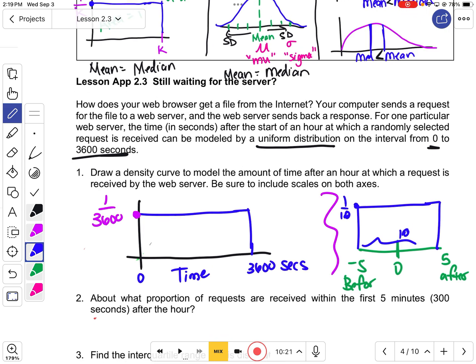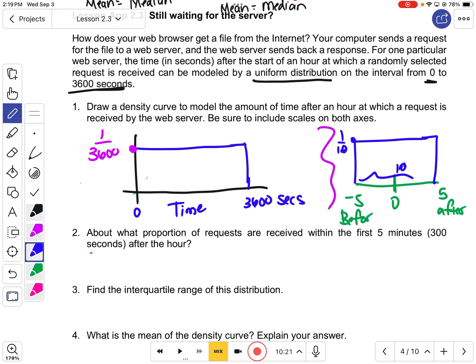Now, this is interesting. It says about what proportion of requests are received within the first 5 minutes, or in other words, 300 seconds after the hour. What it's asking me for right there, we know my whole rectangle goes out to 3,600. But I don't need the whole rectangle. I only want to go to 300.